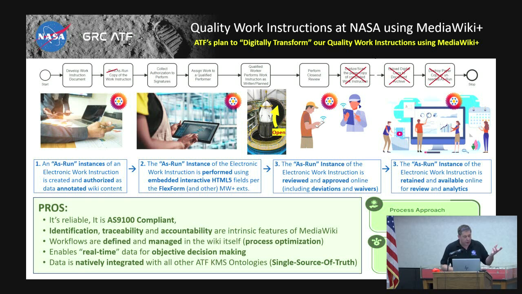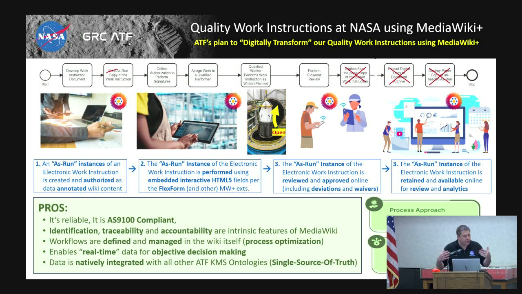These are the pros. The pros are it's reliable. It's AS9100 compliant if we implement it correctly. We have identification, traceability, accountability. These are intrinsic features of MediaWiki Core. This is what you get out of the box. The workflows can be defined and managed within the wiki itself. That's our process optimization.